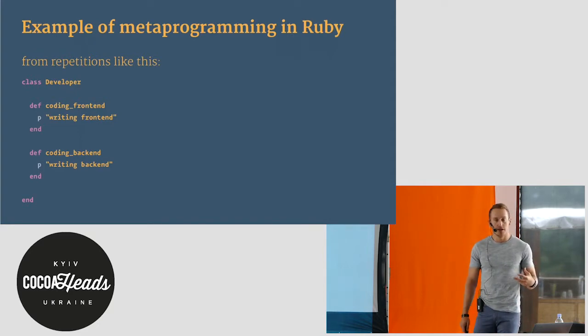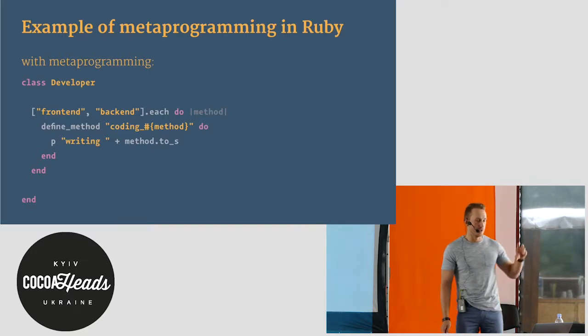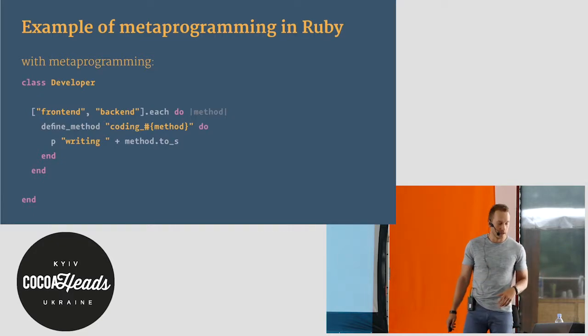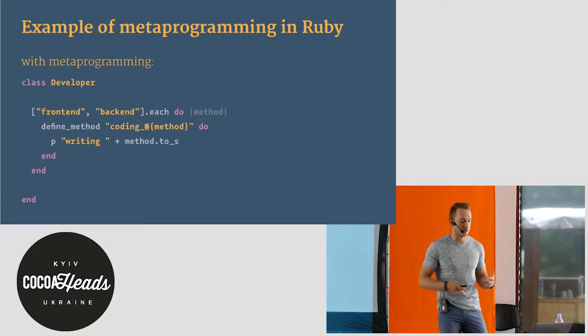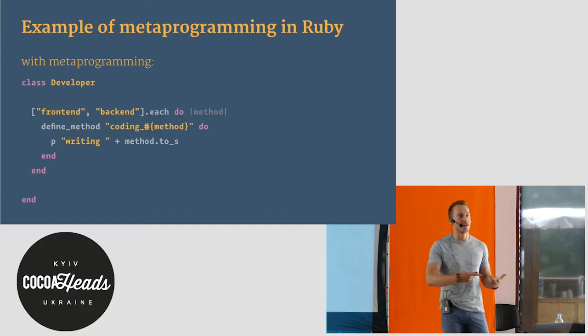So in Ruby, metaprogramming is one of the major features. You can actually do something like this. You can define an array, and when the project is run, for each item in the array, you generate a new function, and that function works exactly as you would write it by yourself, and you can differentiate arguments automatically. So you write it once, you test it once, and if you find a bug, it's fixed everywhere.